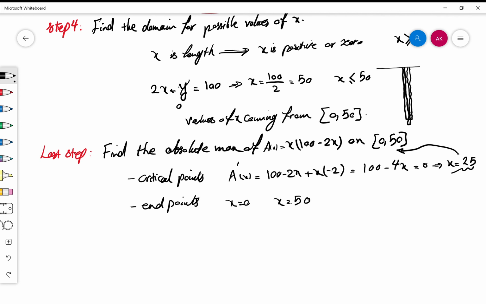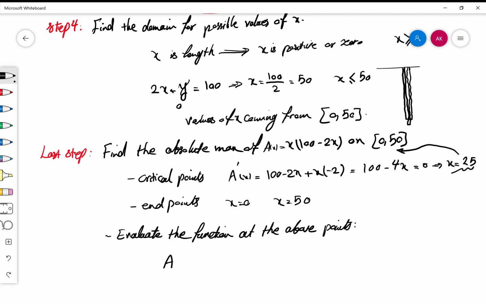To find the absolute max and min of a continuous function on a closed interval, we check the critical points and endpoints and then see which one gives us the max value. So evaluate the function at the above points.